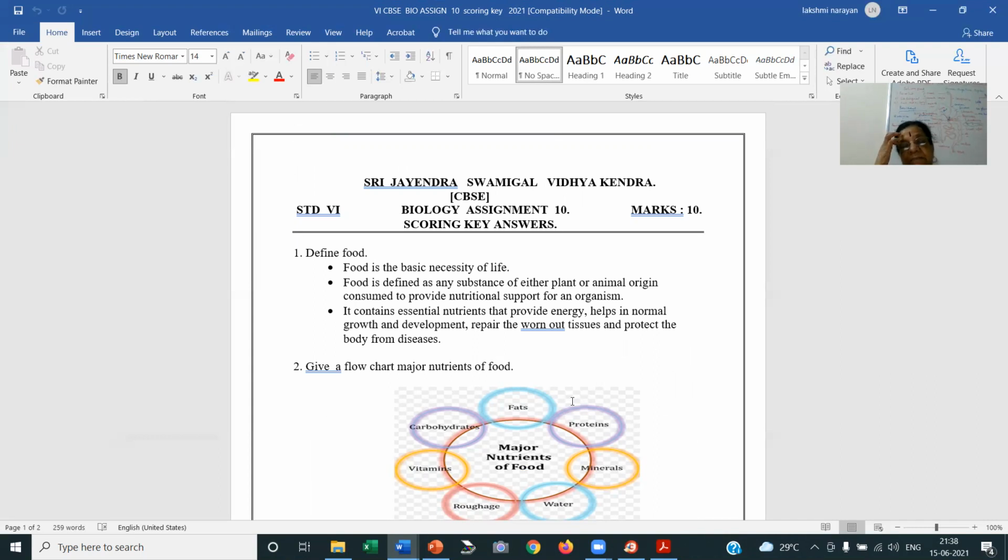Food is the basic necessity of life. Food is defined as any substance of either plant or animal origin consumed to provide nutritional support for an organism. It contains essential nutrients that provide energy, help in normal growth and development, repair the bone or tissues, and protect the body from diseases.